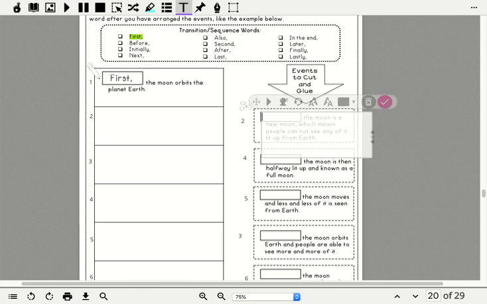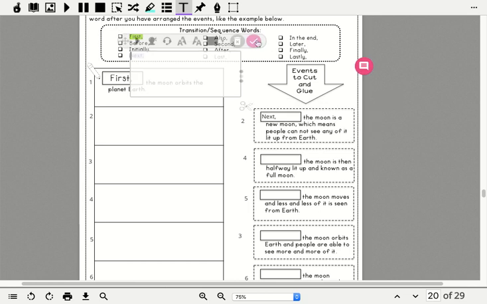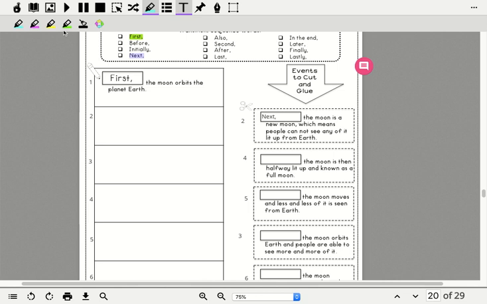And after first, you could use a couple different words. You could use second, because first, second. You could also use next. I like next, so that's what I'm going to use. Next, and see how there's a comma after it up here? So next, the moon is a new moon.